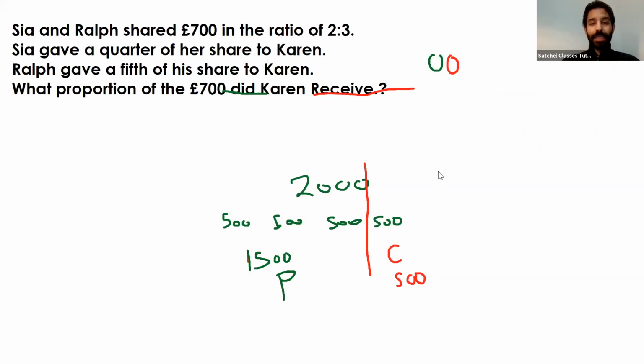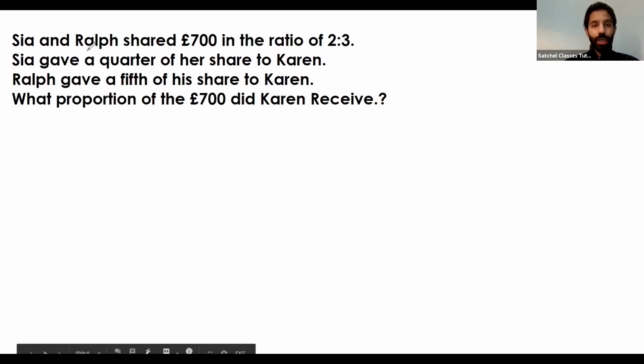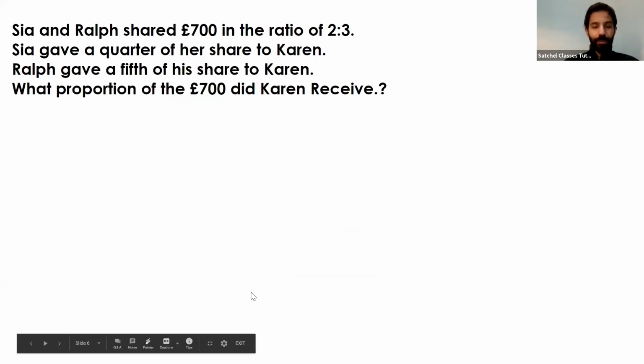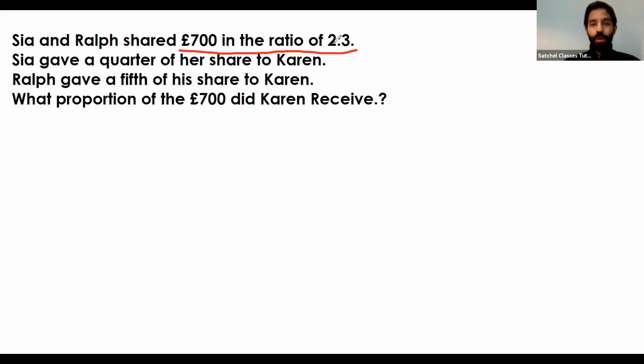So this is a worded type of question and it might be a little bit challenging, but let's see what we have here. It says Sia and Ralph share 700 pounds in a ratio of 2:3. So 700 pounds is split into a total of 5 parts. So I'm just going to draw the bar here.